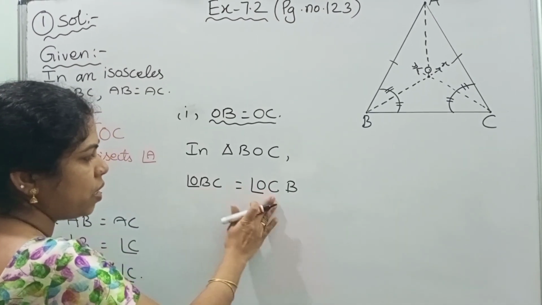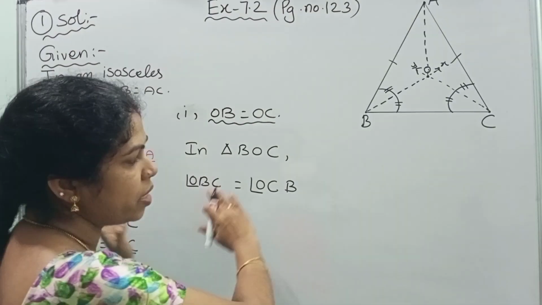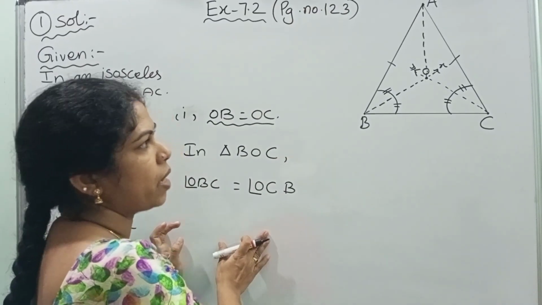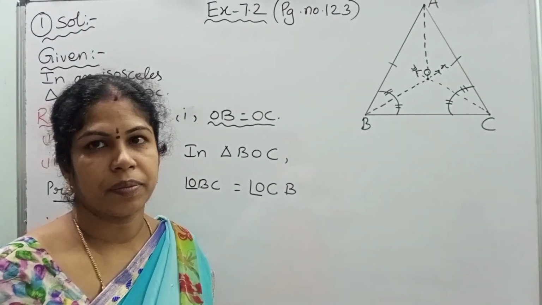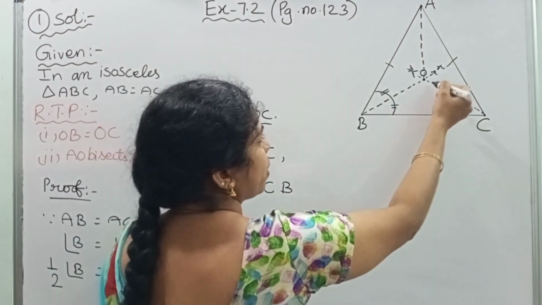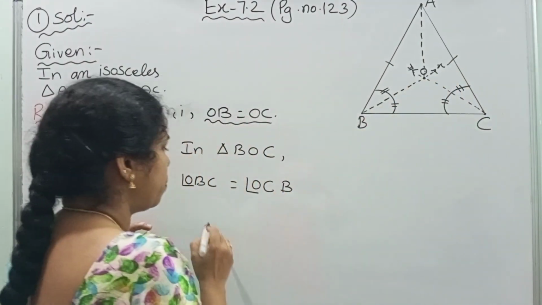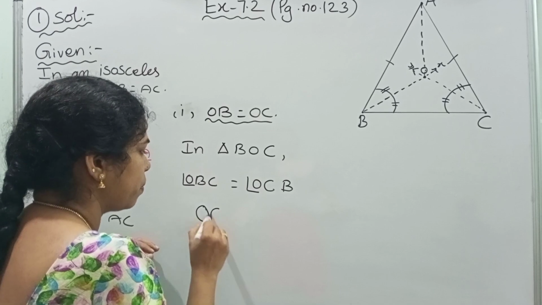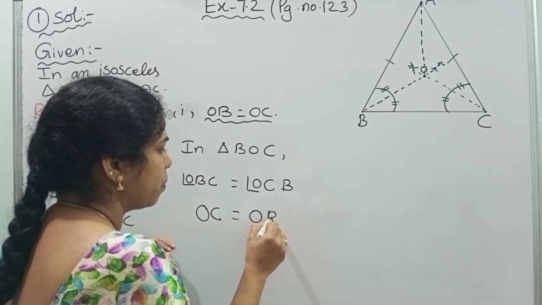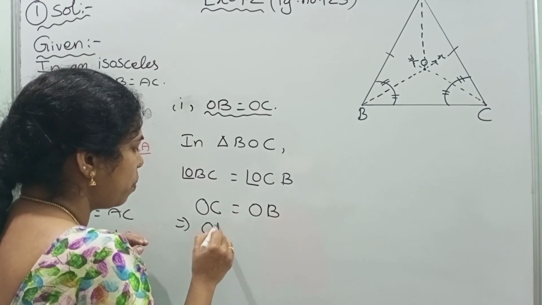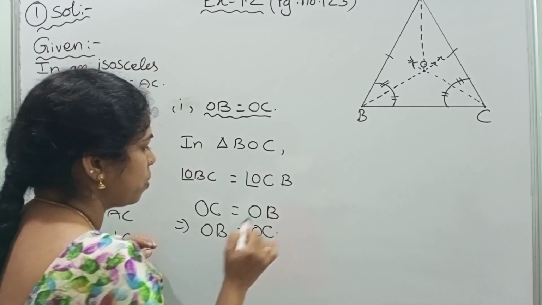So since these two angles are equal, sides which are opposite to these equal angles will be equal. That is, OC is equal to OB. That implies OB is equal to OC.